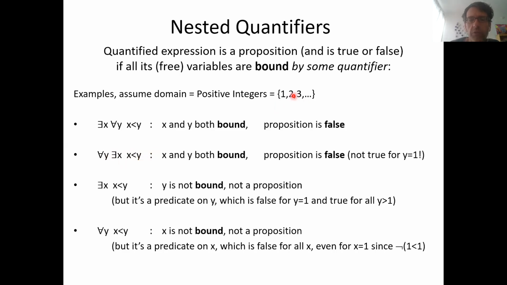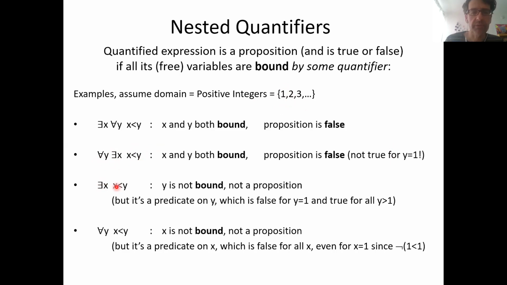And it's true for all integers greater than at least 2, right? Because 1 is smaller, but it's not true for 1. So there is only one counterexample. Make y equal 1, and this will not be true, because there is no positive integer smaller than 1.